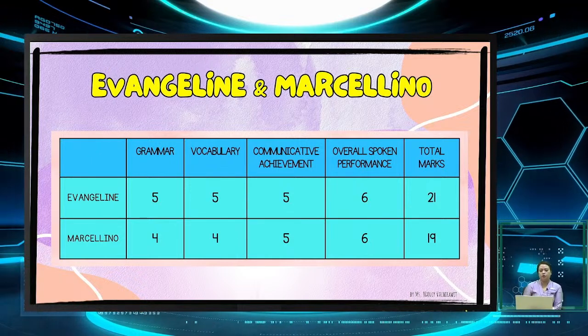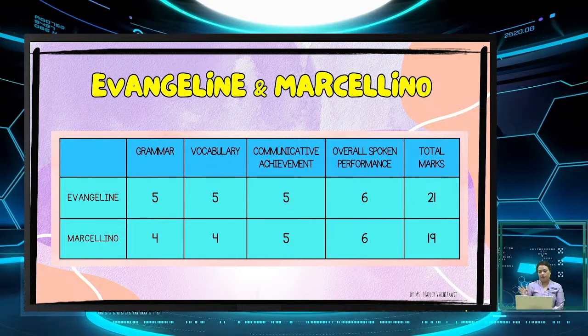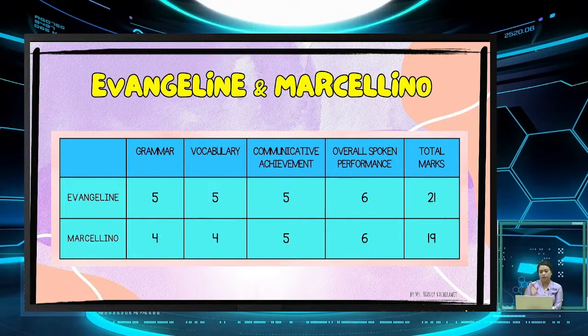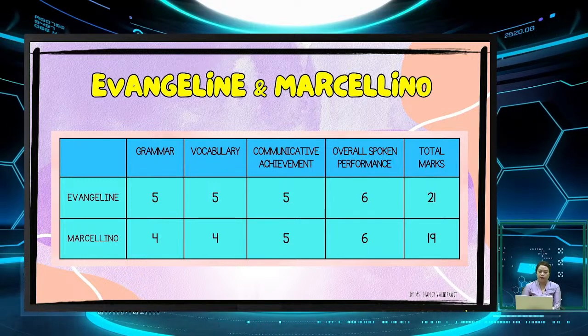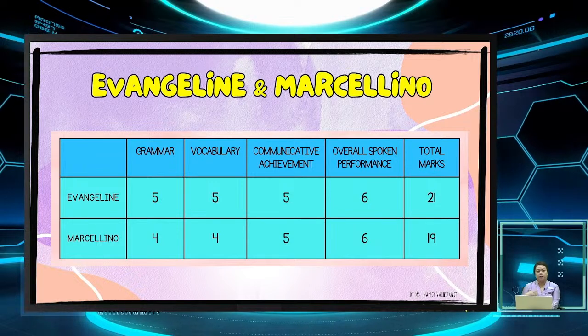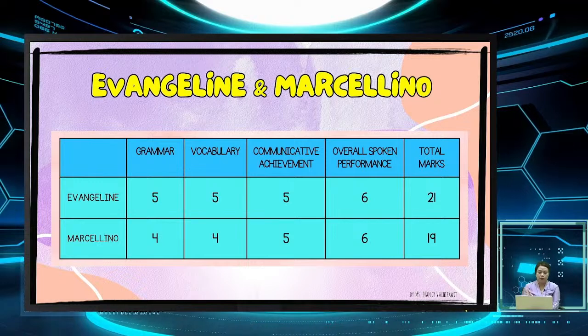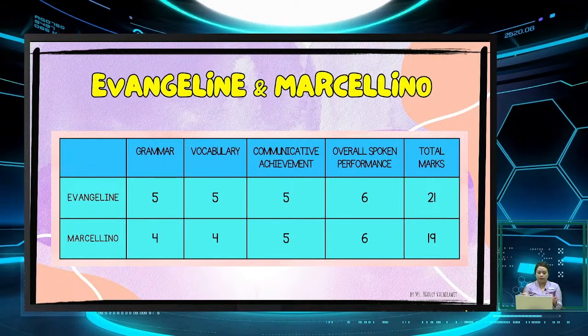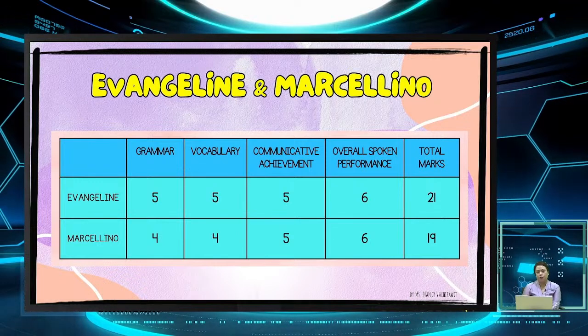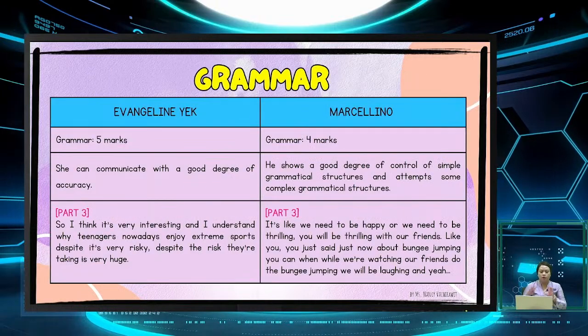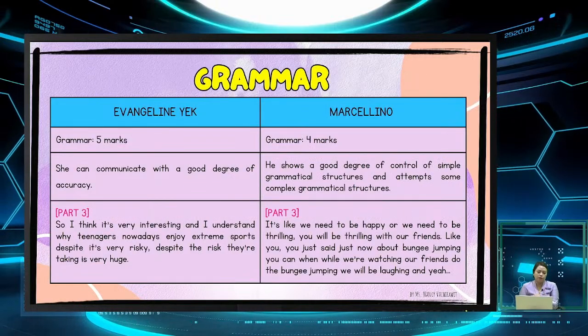Ye scored 5, 5, 5, but for overall spoken performance, she scored 6, so 21. Based on my experience, 21 is considered as B2 in the CEFR standard band. 19 is B1. All right, so we go through each component one by one.